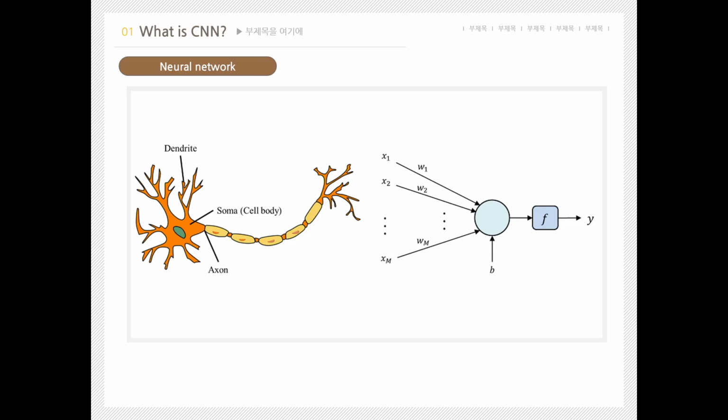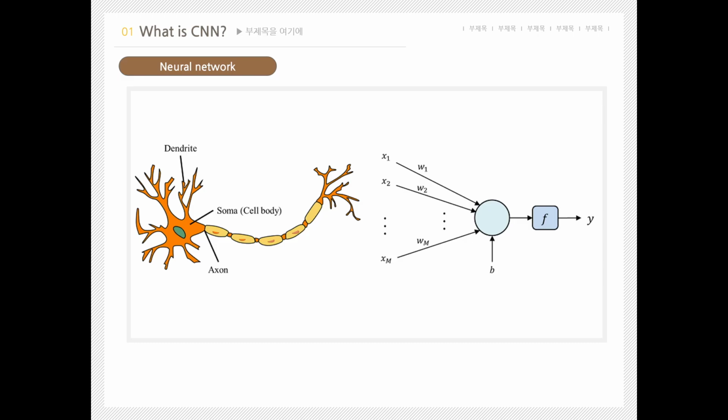And this is like an artificial neural network. The input signal is multiplied by the weight w, with the input value x, adding the bias b, and then creating the result y through the activation function, which is the basis of the artificial neuron.